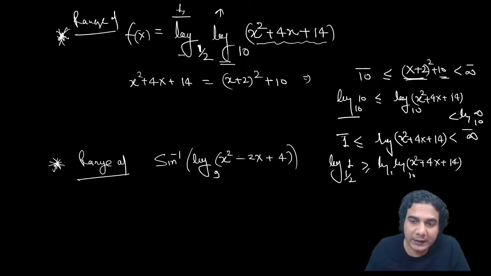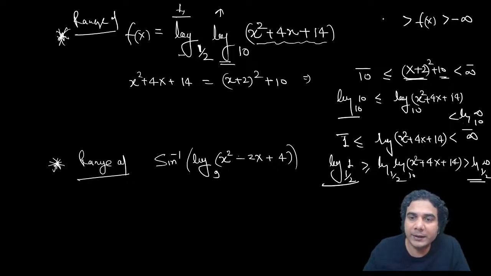And this is greater than log of infinity base 1 by 2. So what is this value? The least value is minus infinity, which is less than your f(x), which is less than or equal to log of 1, which is always 0 at any base.